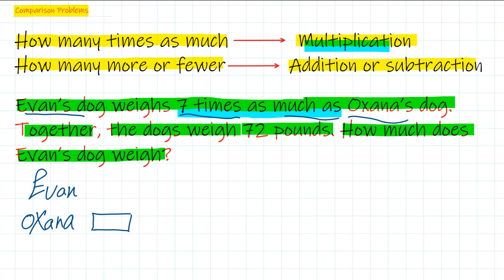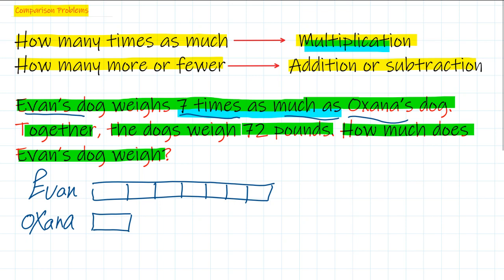And Ivan is 7 times as much as Oksana, so let's model it as 7 blocks: 1, 2, 3, 4, 5, 6, 7. So here Ivan's dog weighs 7 times as much as Oksana's dog.